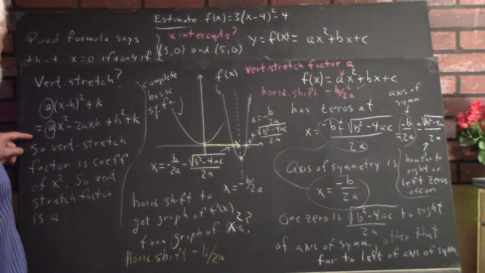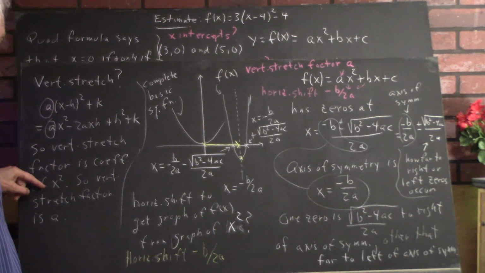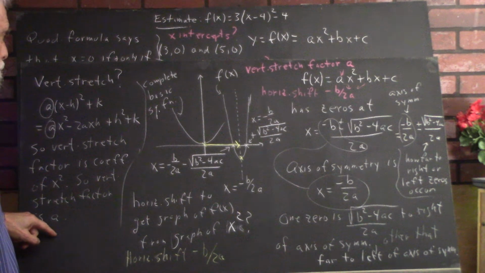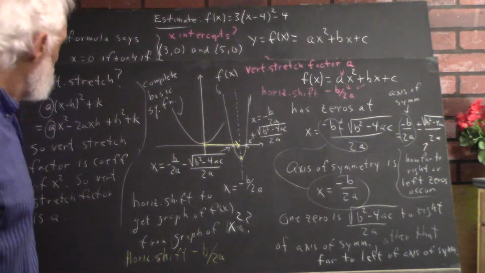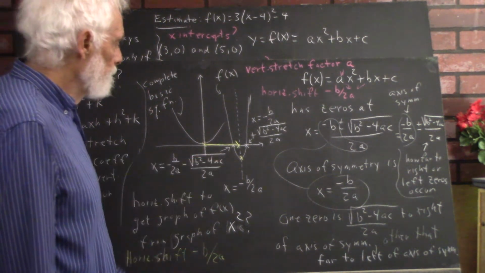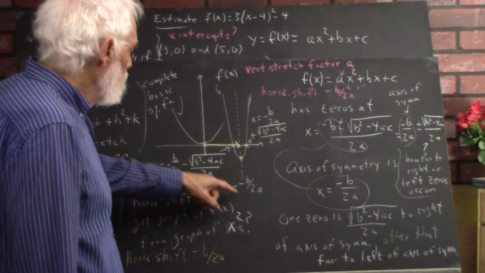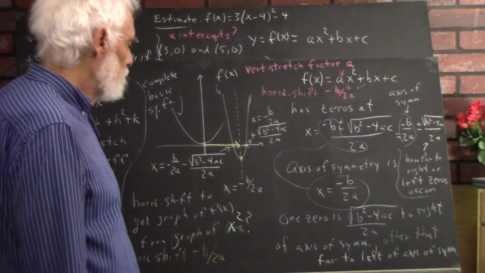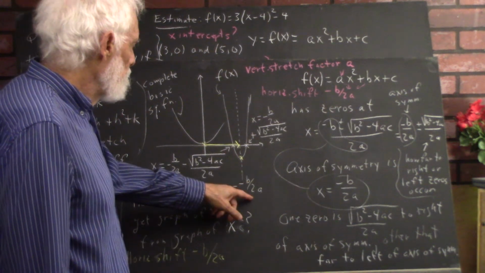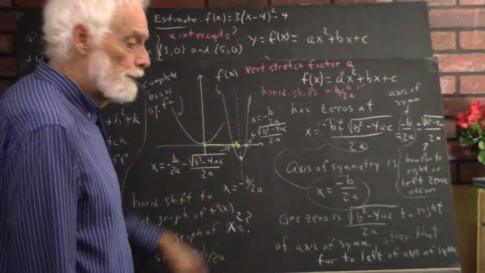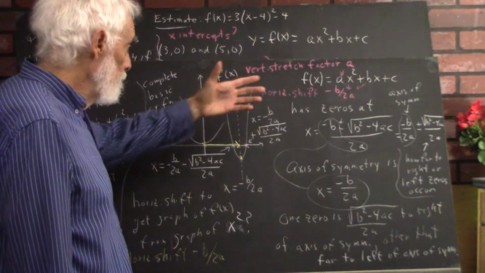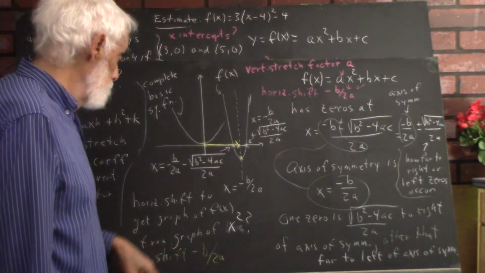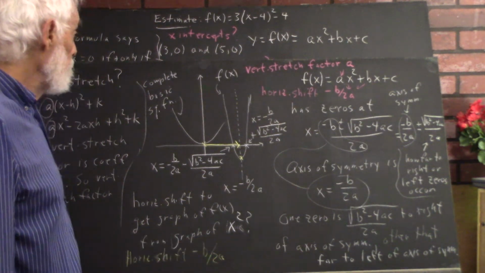Your vertical stretch factor is the coefficient of x squared, and in any case, the vertical stretch factor is a. To get the coordinates of the vertex, you know that the x-coordinate is negative b over 2a. You just plug that into your function, and you get your y-coordinate. Okay, so there it is.